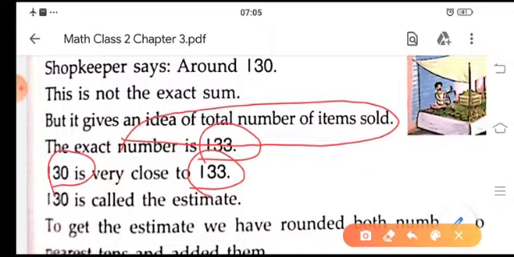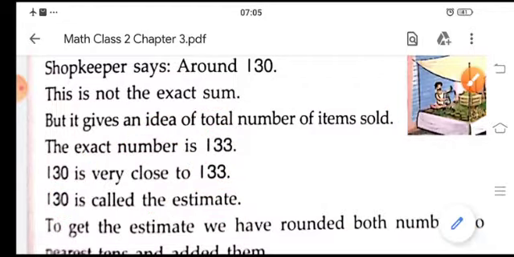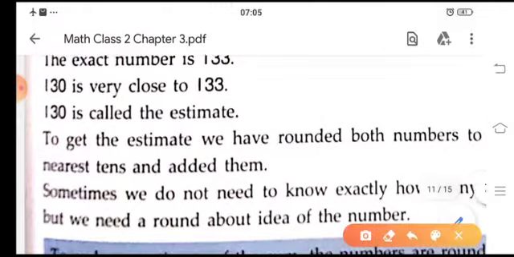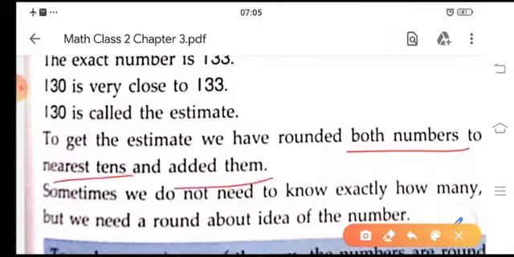When we add those numbers, the sum is 133, but the shopkeeper told his friend about 130. This 130 is very close, or nearest, to 133, so 130 is called the estimated sum. When we want an estimated sum, we round off both the numbers to the nearest tens and then add them.